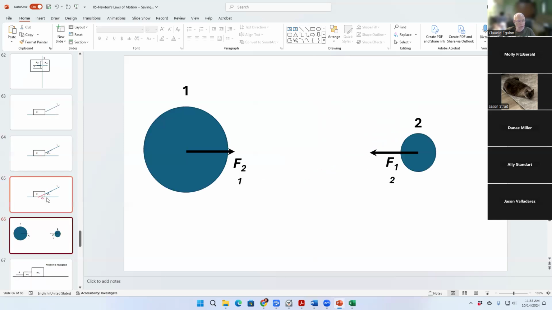So if you have the Earth and the Moon, Earth is object number 1, Moon is object number 2. Force that 2 exerts on 1 is minus the force that 1 exerts on 2.